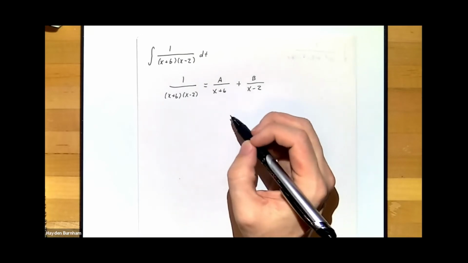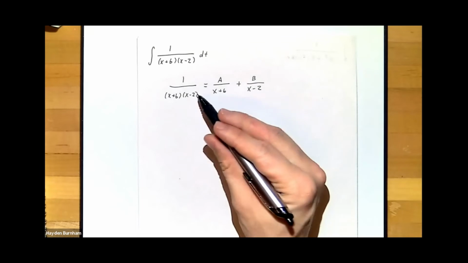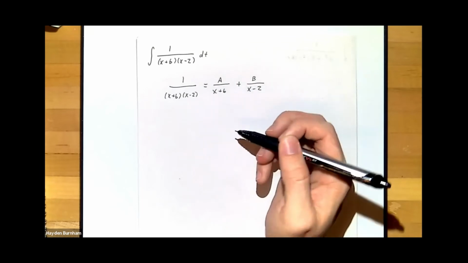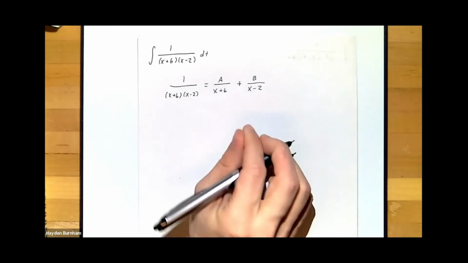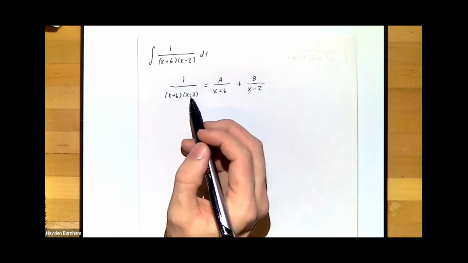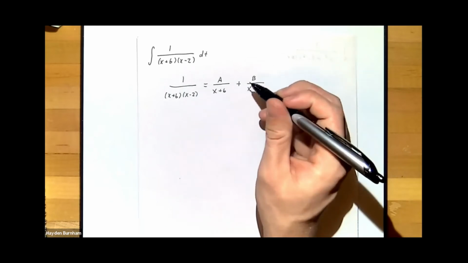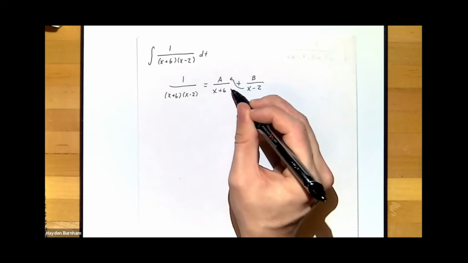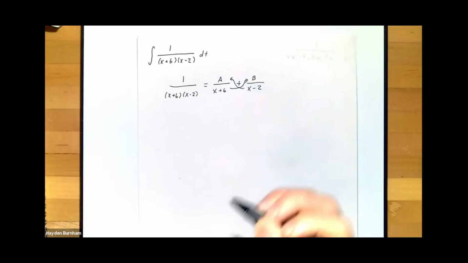So the easiest thing you can do is solve for A and B using this equation, right? Because we know if we were to combine these together, what we would get on top has to equal 1. So the way I would do it in this situation is I would multiply this times A, this times B, just as you would if you were trying to combine two fractions together.